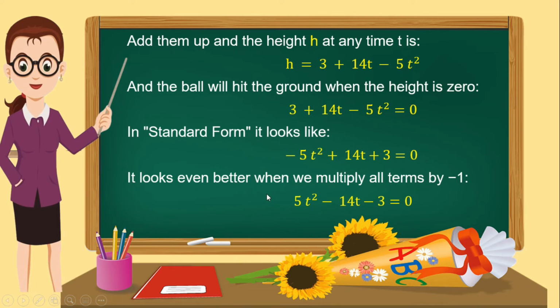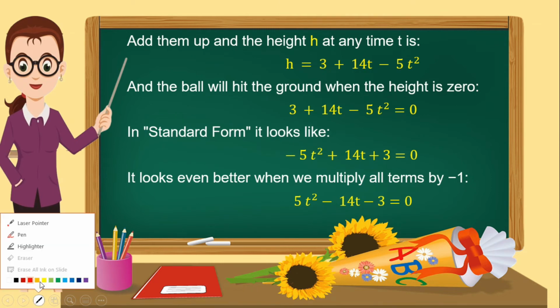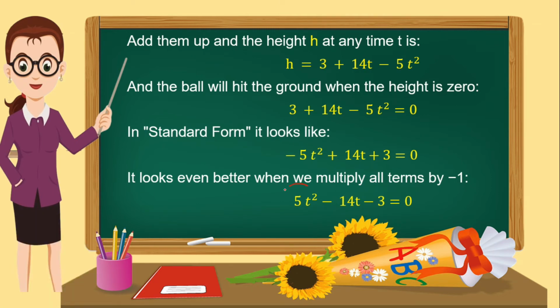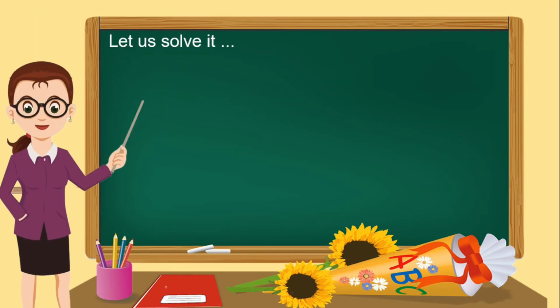Because, as I said earlier, the quadratic term will always be a positive real number, so we need to multiply it by negative 1.